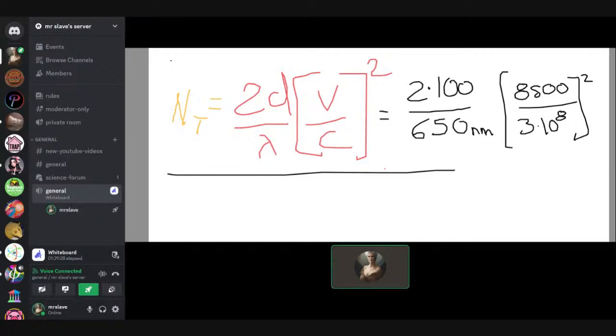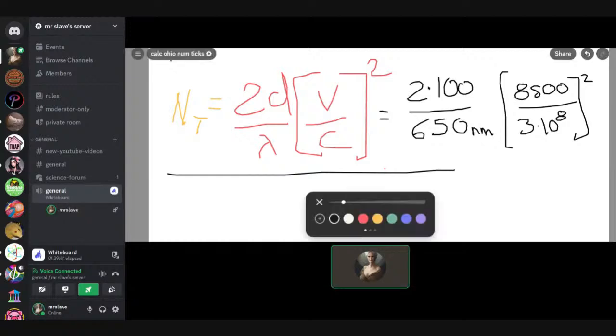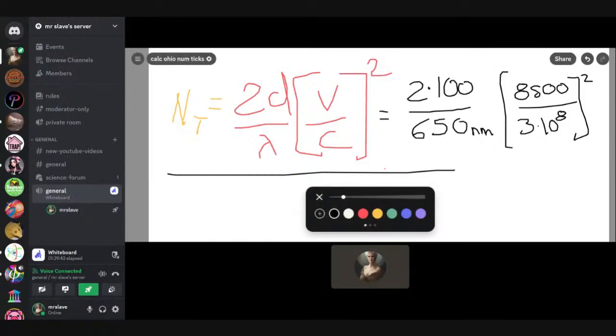So it's 8 times 10 to the negative 10. That's step 1. So it's 8 times 10 to the negative 8. So this is 8 times 10 to the negative what? Negative 10. It's a very small number.